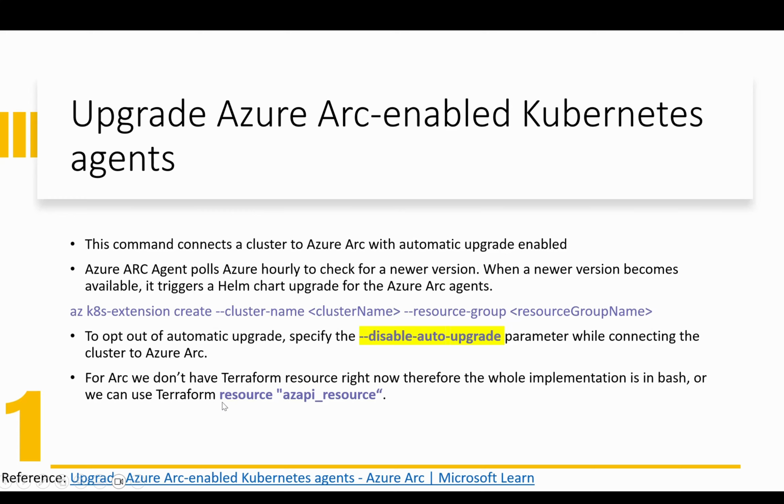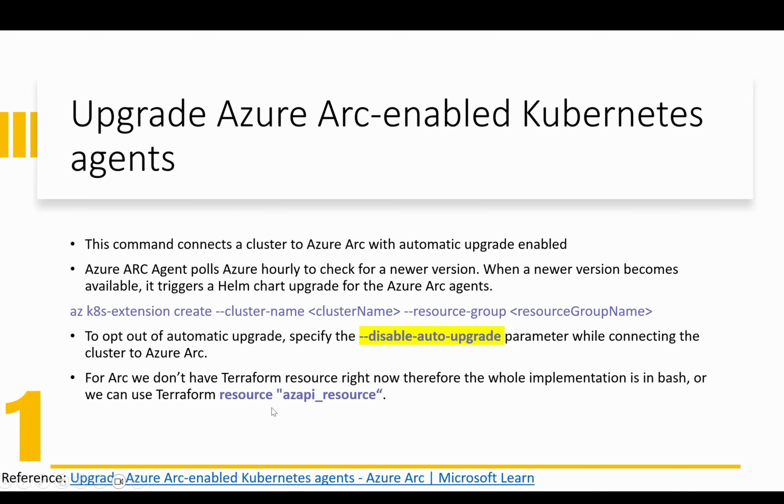One point that you have to consider here is that the AZ API resource is only a creation command, not a deletion command. Therefore, when you use it to provision a resource, the resource will be created. But if you remove this resource from your Terraform file, usually when you remove a resource from the TF file, the resource will be deprovisioned.